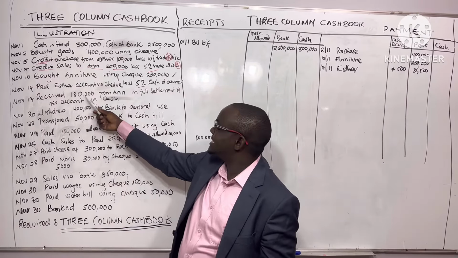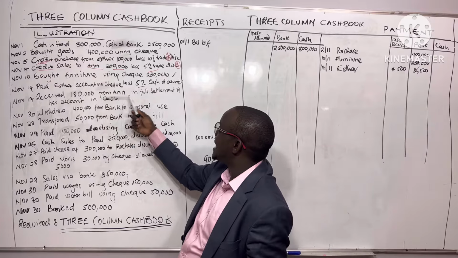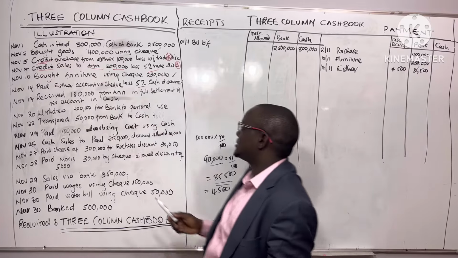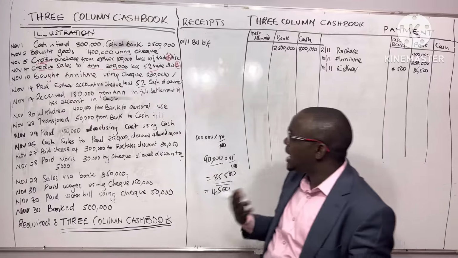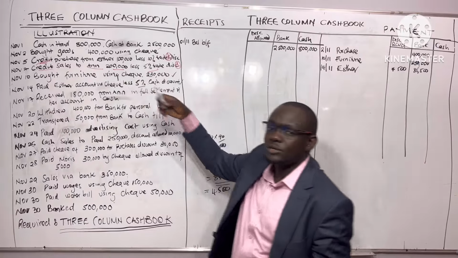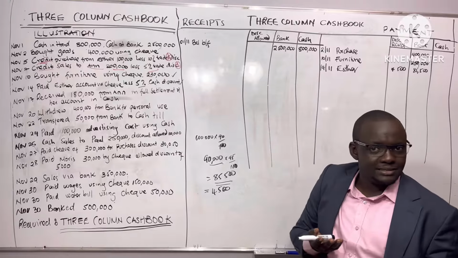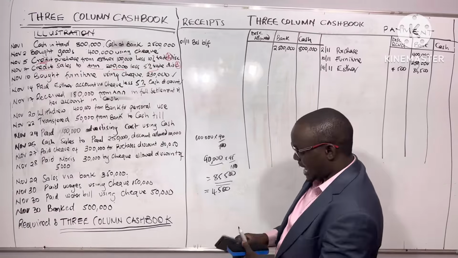The next one: received 180,000 from Anne in full settlement of her account. What was the debt for Anne? When Anne went to buy, she was given a 5% discount. So how much money was Anne supposed to pay?